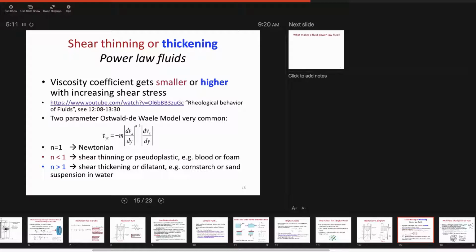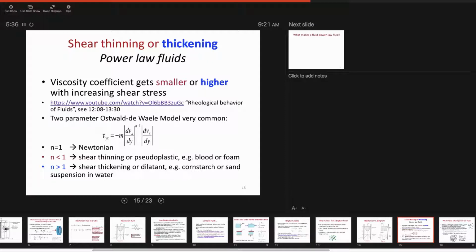I would like it to be independent from my gradient. But if I want to compare to my original form of Newton's law, then this is what my effective viscosity is. Okay, so if n is equal to 1 here, then this term disappears. So I'm still basically falling down to Newtonian fluid.